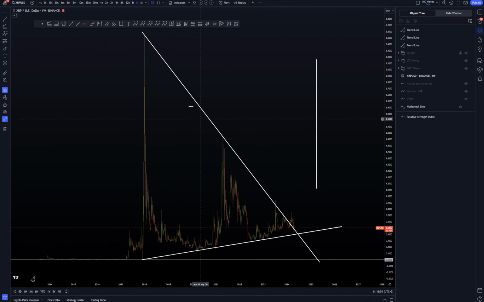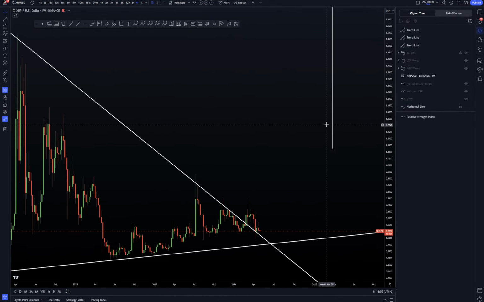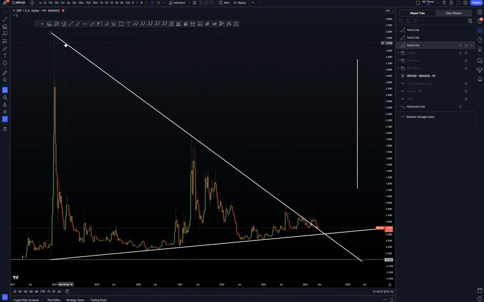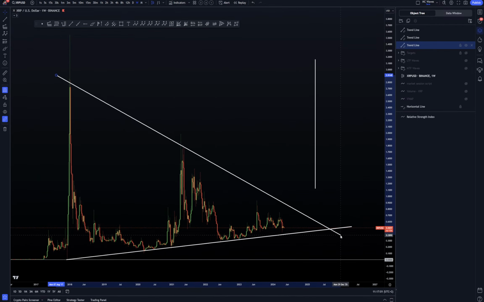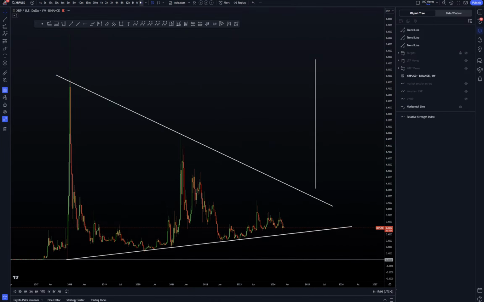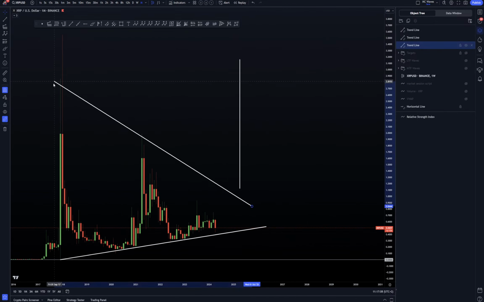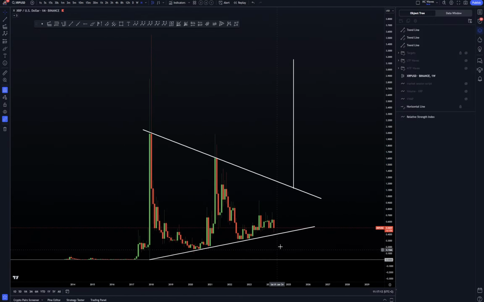So the best is to stay on the monthly, to be honest. Weekly is a bit too... I do prefer the monthly time frame for this. Yeah, that can be something to look for, absolutely.